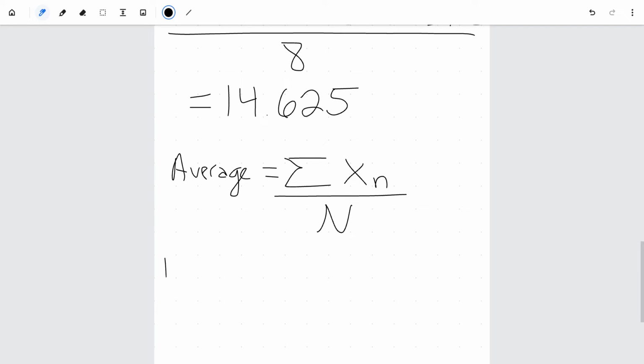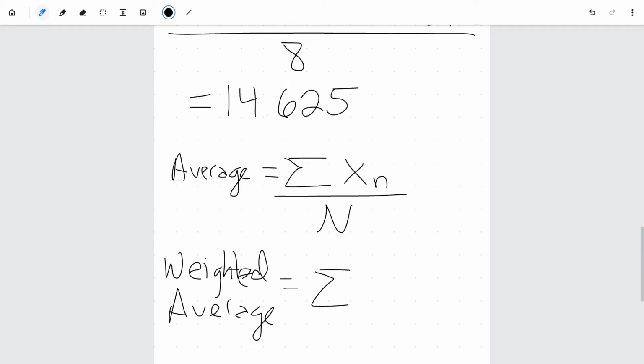And the weighted average is simply equal to the sum of the weight of data point n times the value of data point n. And so this weight would be the percentage that it occurs, and then this would be the age in our example.